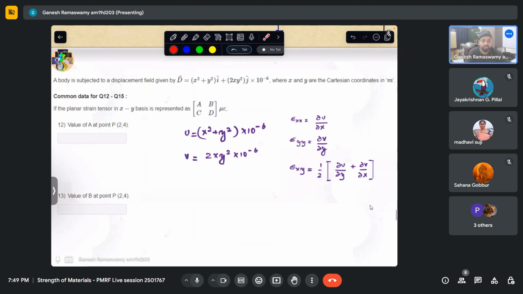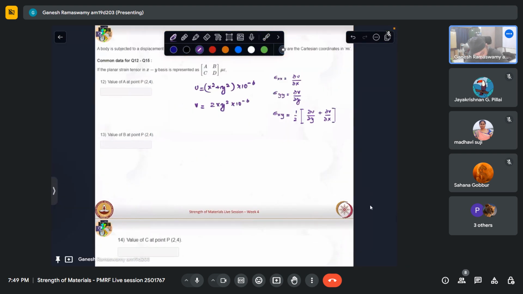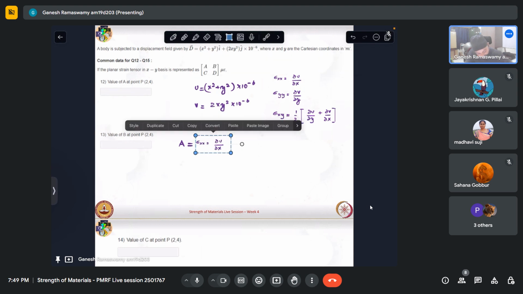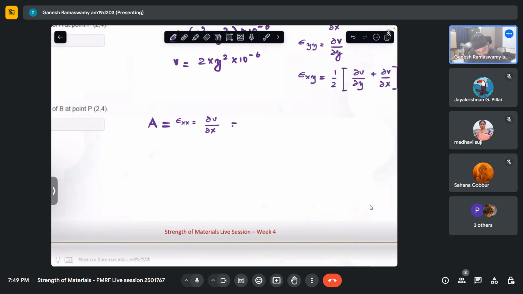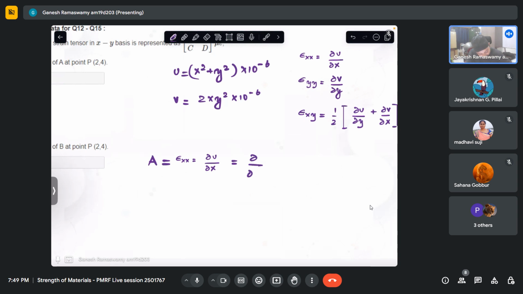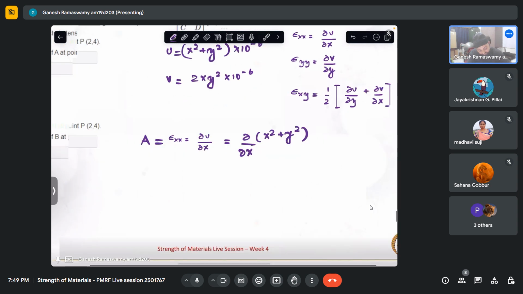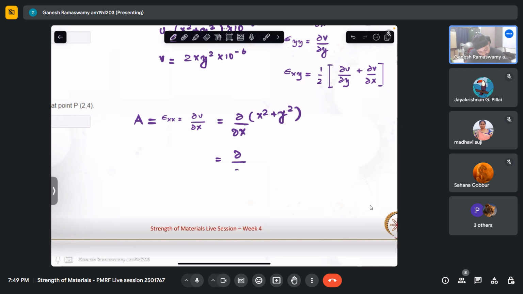So A is dou u by dou x. What is dou by dou x of x squared plus y squared? We just need to take the partial derivative. So this we can split out: dou by dou x of x squared plus dou by dou x of y squared, which gives us 2x plus 0, which is 2x.